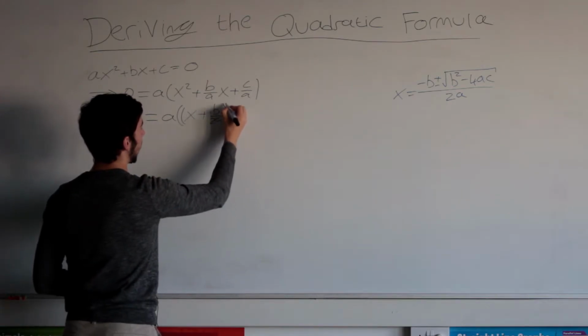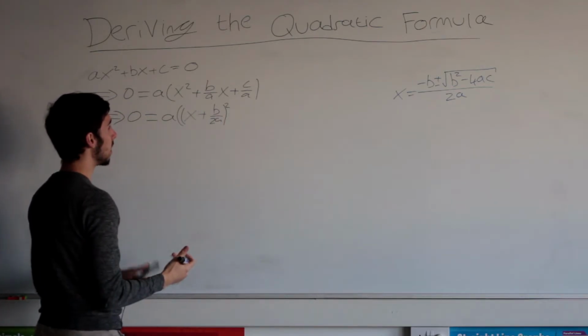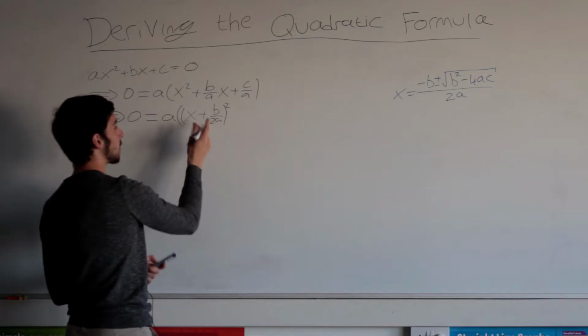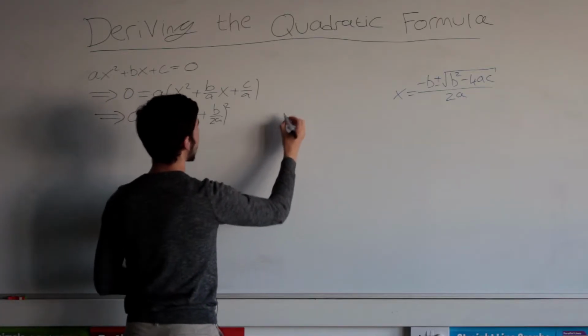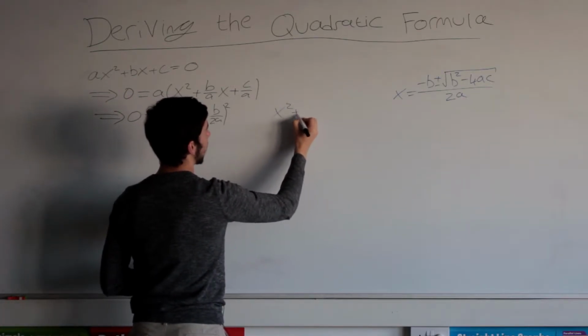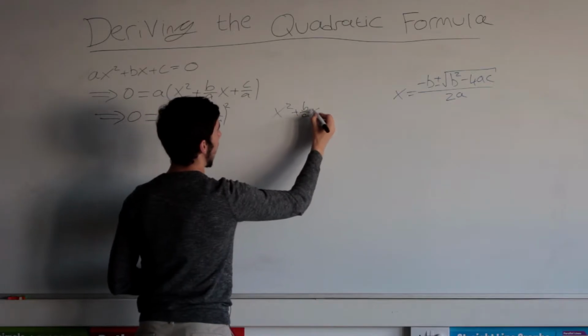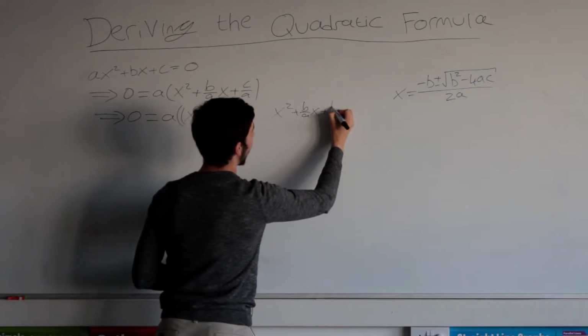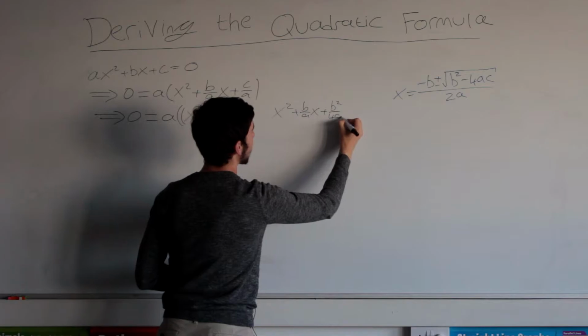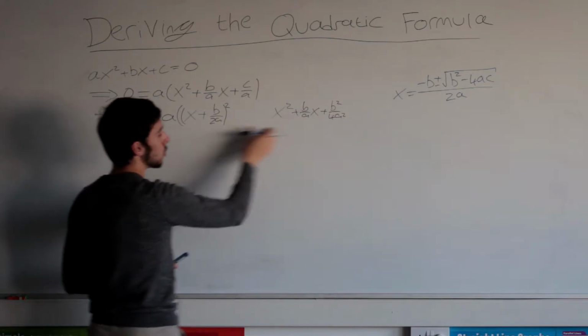We're going to close that square, we're going to actually square it, and now we know that if we expand this part out, we will get x squared plus b over a x plus b squared over 4a squared. So if you square this, you will get this.